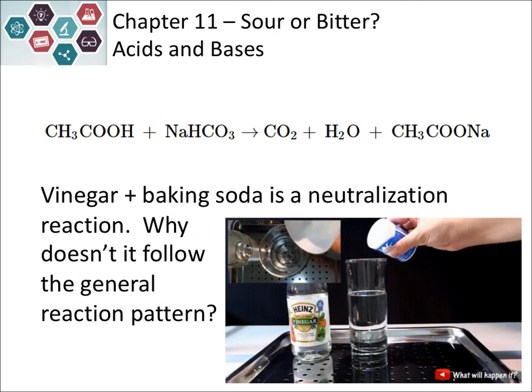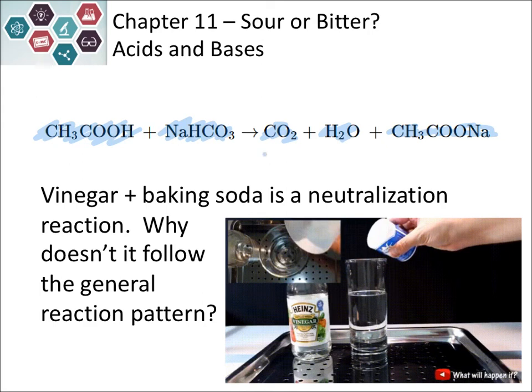Here's another example of a neutralization reaction that you might have seen before. This is baking soda and vinegar. So if you've ever made a volcano. Baking soda is sodium bicarbonate and vinegar is acetic acid. In this case, what we're making is carbon dioxide, which are the bubbles that form, water, and here is the salt that is made.